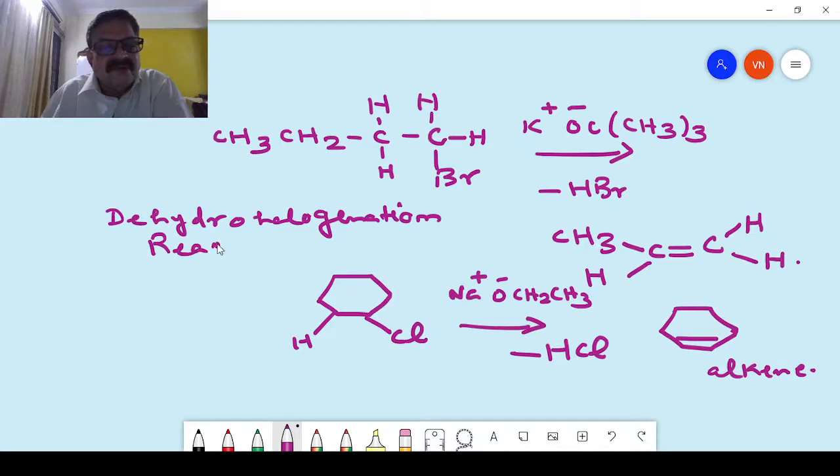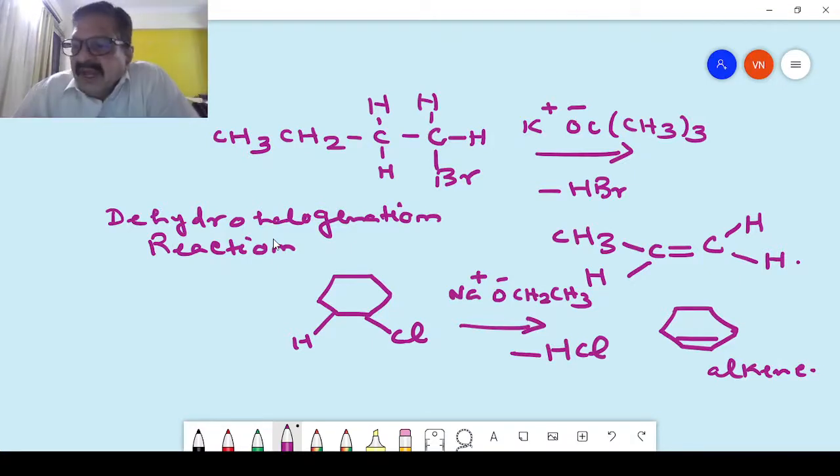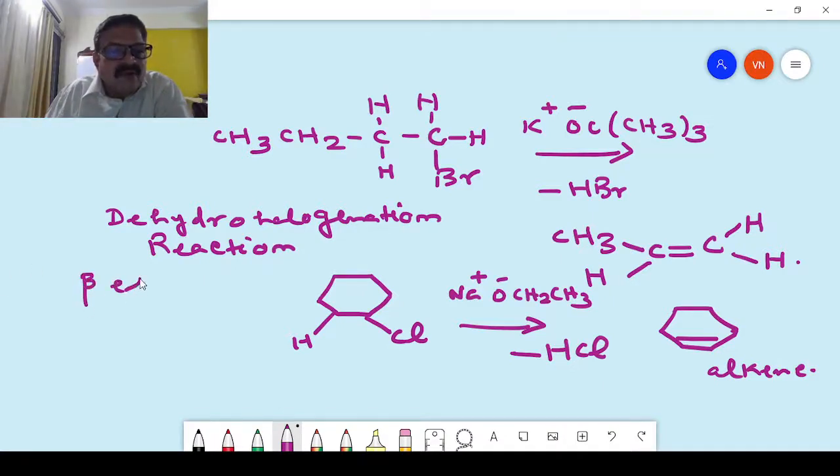So this is a very important route for synthesis of alkenes, the dehydrohalogenation reaction. It is the most common method for introducing a pi bond in an organic compound and preparing an alkene. Dehydrohalogenation is an example of beta elimination, or 1,2 elimination.